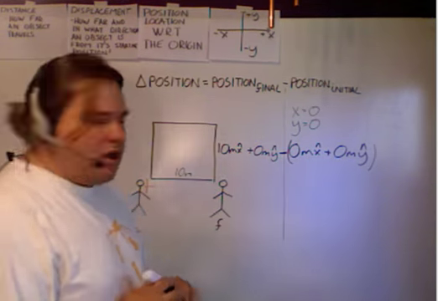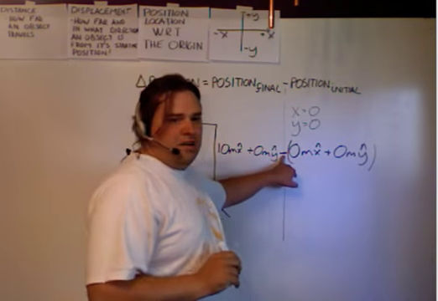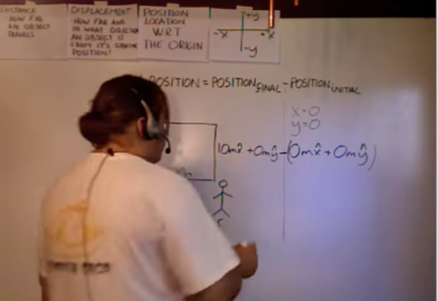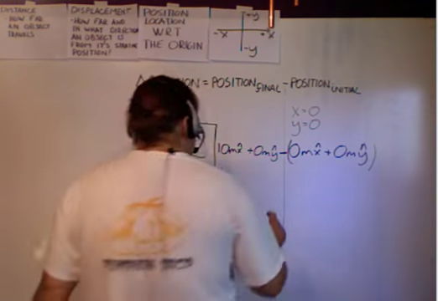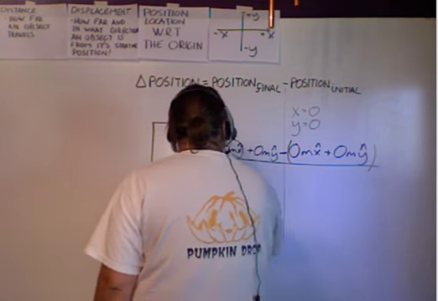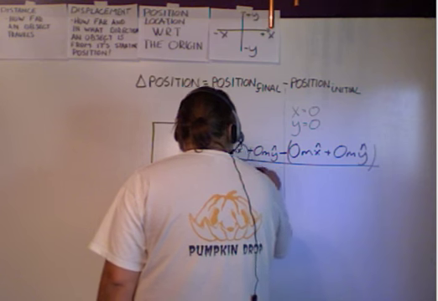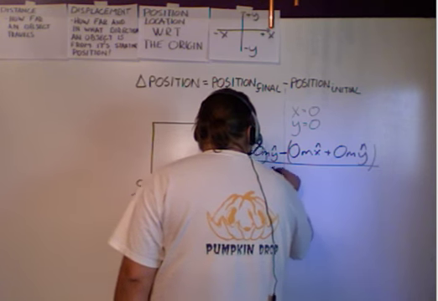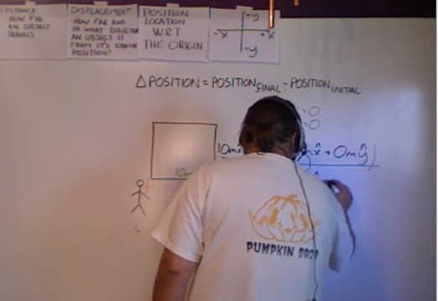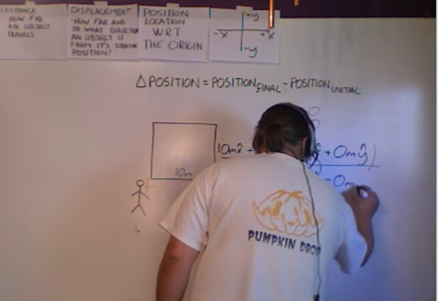Okay? Property of mathematics, this negative sign here gets distributed to both of those terms inside there. So what I'm left with is going to be, next line, 10 meters x hat plus 0 meters y hat minus 0 meters x hat minus 0 meters y hat.